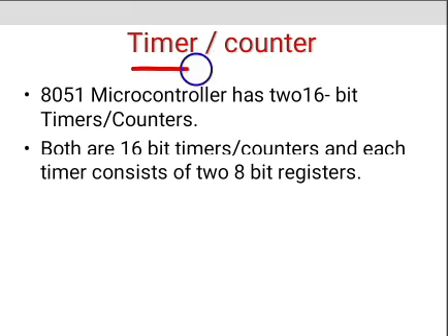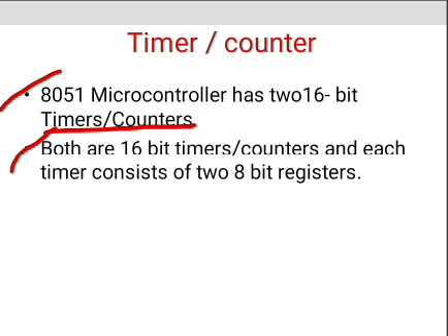Next is the timer and counter. The 8051 microcontroller has two 16-bit timers or counters, and each timer consists of two 8-bit registers.